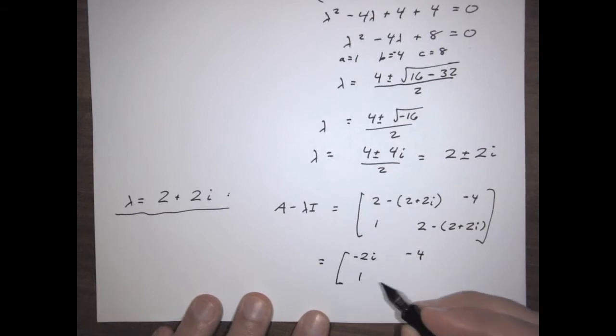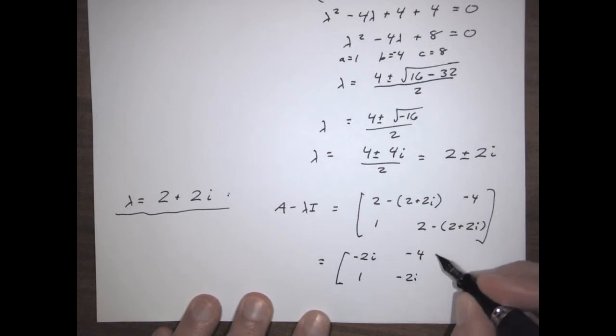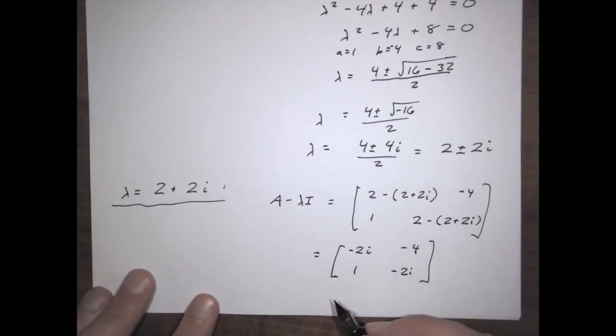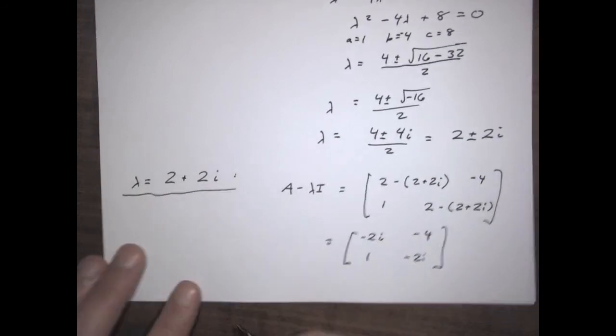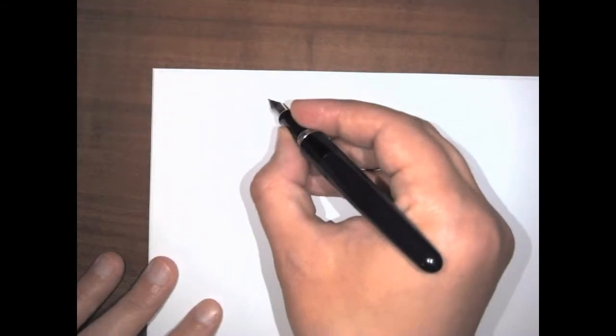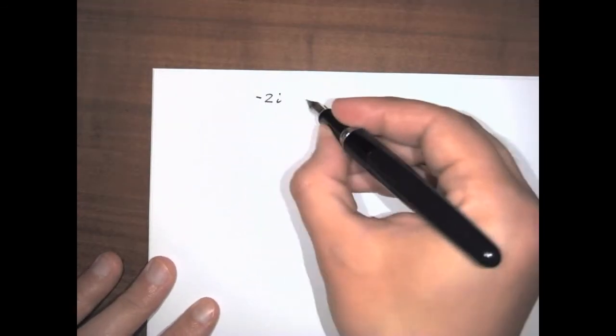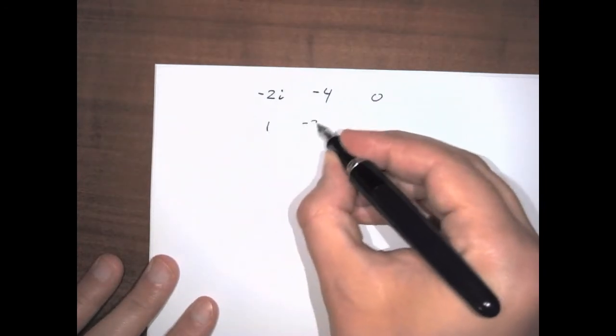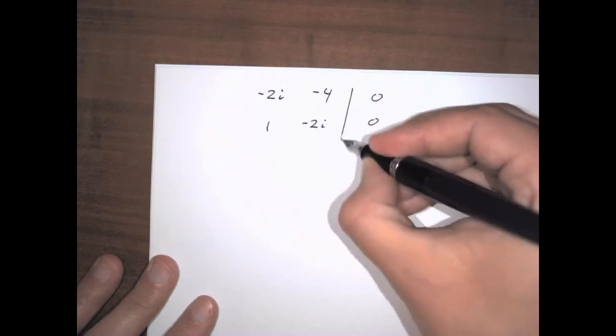And then down here we're going to have a 1, and we're going to have a negative 2i. Now we're going to augment this with zeros. So we're going to have negative 2i, negative 4, 0, 1, negative 2i, 0.